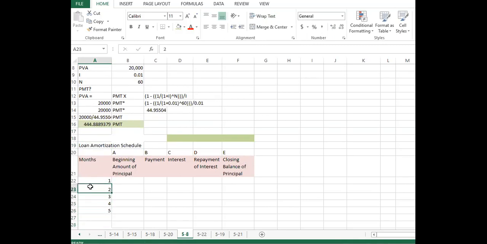Then the beginning amount of principal, that is the starting amount of principal, is 20,000. Here it is, present value. This is 20,000.